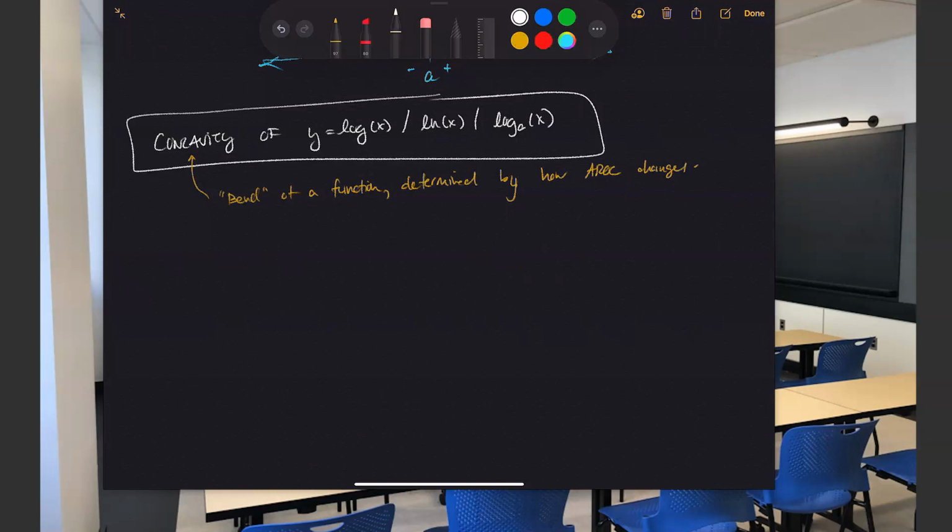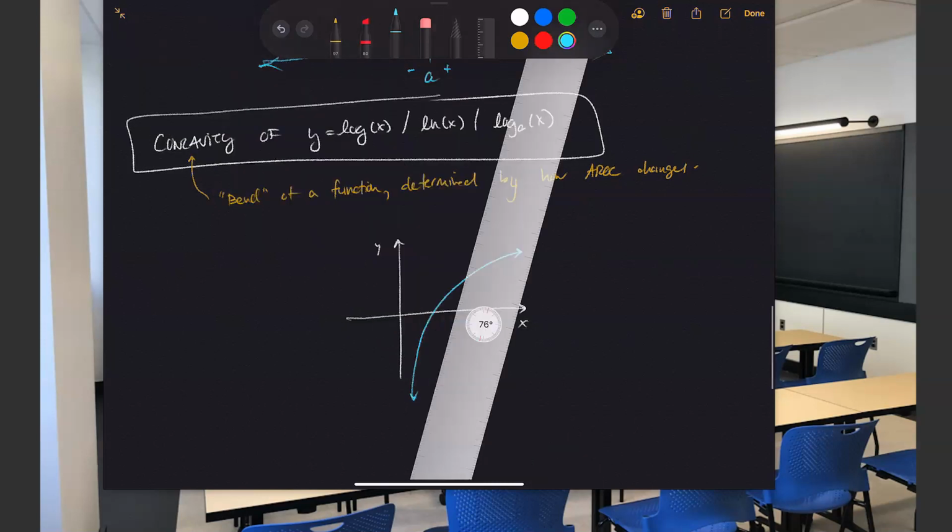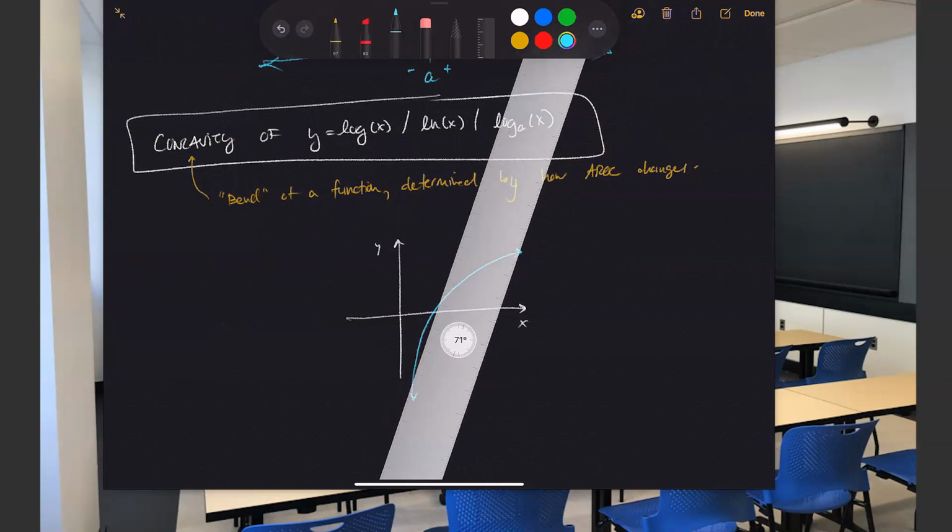Okay, so if we take a look at a log graph, doing something like this, you want to think about, maybe this will help with the ruler, what's happening with the average rate of change. Well, what's the average rate of change again? Delta y over delta x.